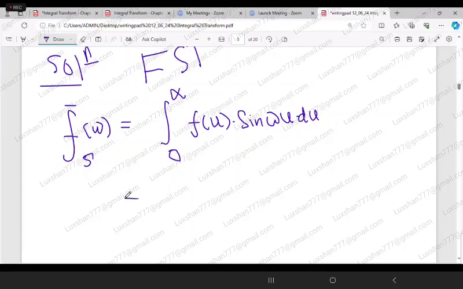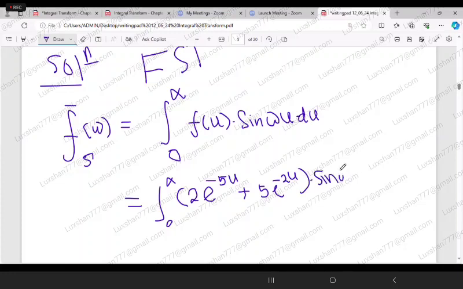So here my function, from 0 to infinity, is 2 times e to the power minus 5u plus 5 times e to the power minus 2u, into sine omega u.